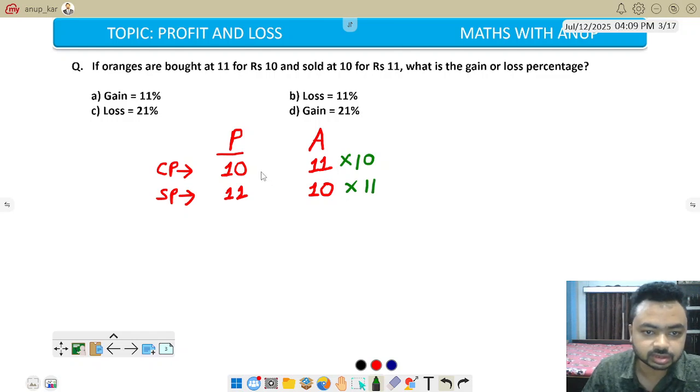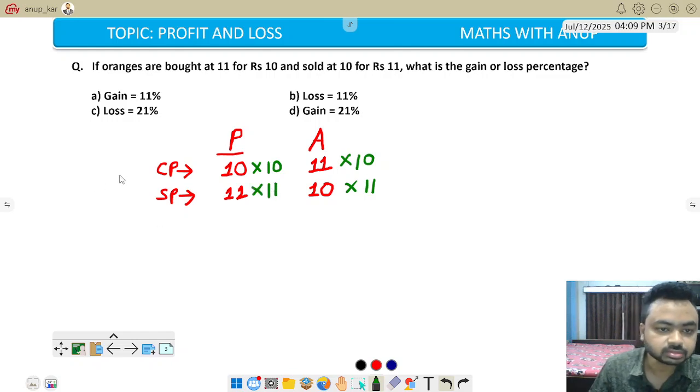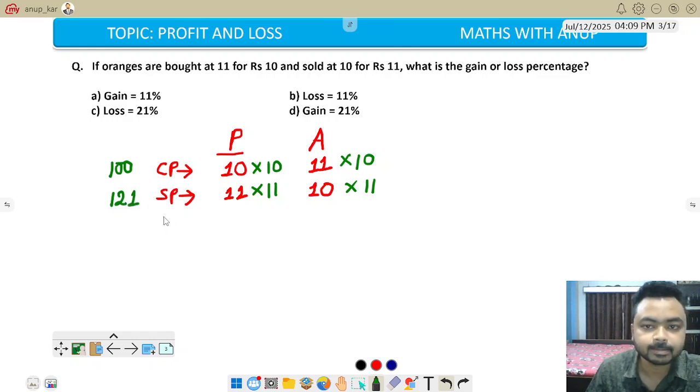Here also we will multiply 10 by 10 and 11 by 11. Thereby we get the cost price equivalent to 100 and the selling price equivalent to 121. I hope it is clear.